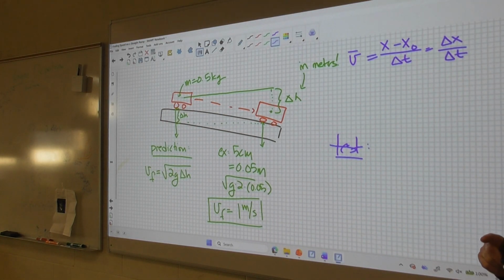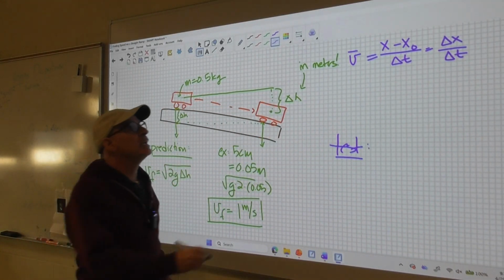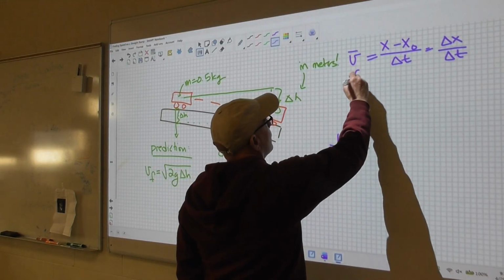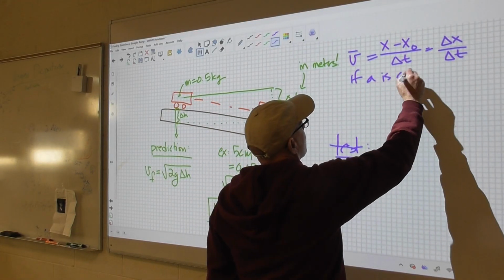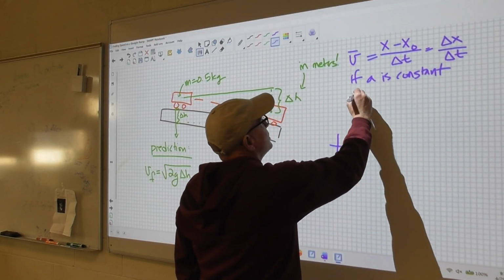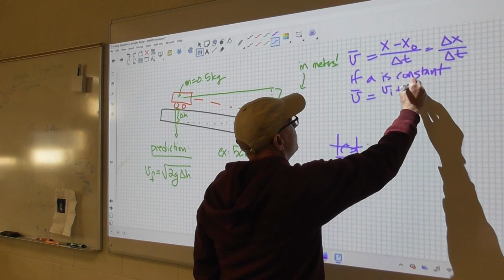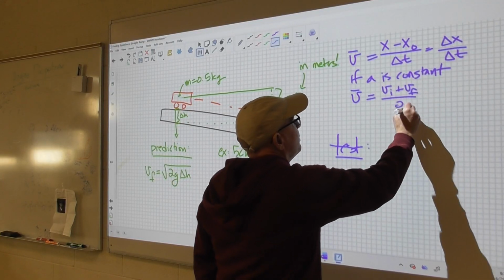Measure two positions, divide by the amount of time it took for something to get from point A to point B. That is its average velocity. We also know that when acceleration is constant, there was one other equation that worked for average velocity, which is initial velocity plus final velocity divided by 2.